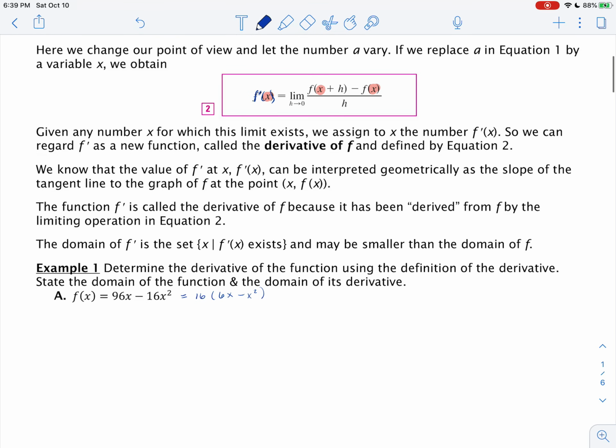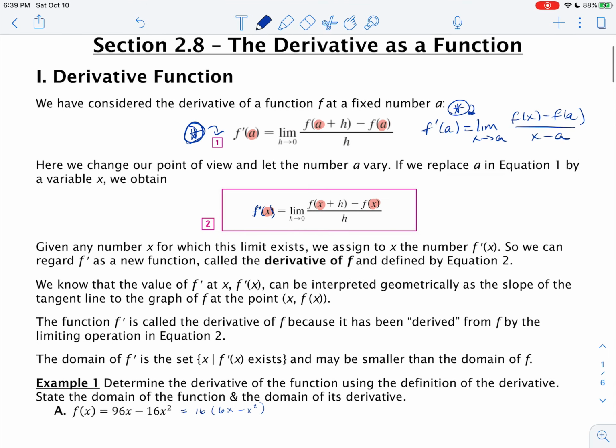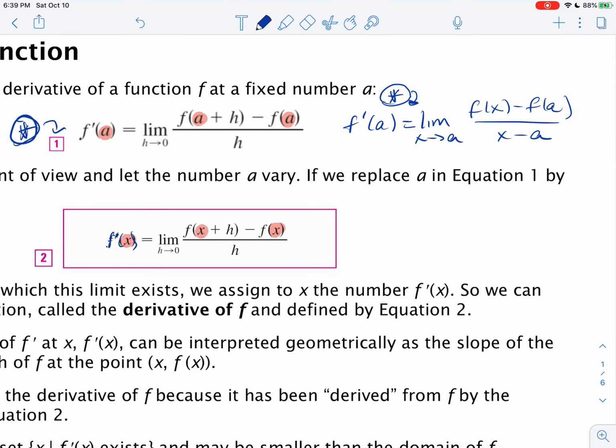All right, it's more powerful to be able to find the overall derivative function, because then you can calculate the slope of the tangent at any point on your graph. But if you are just interested in the slope of the tangent line at a specific point, then you can use the easier formula of f prime of a.